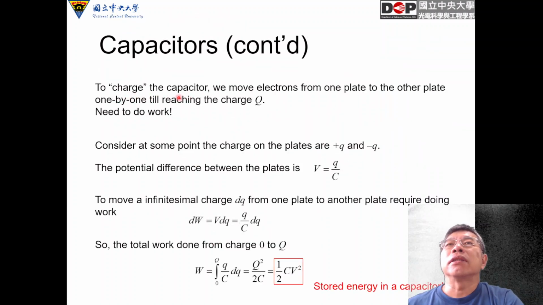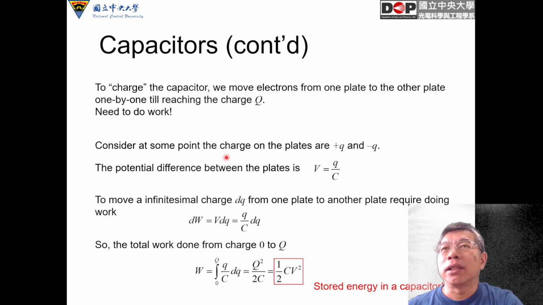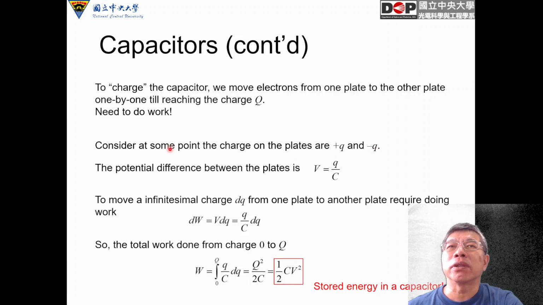To charge the capacitor, we move electrons from one plate to the other one by one until reaching the charge Q. That process requires us to do work on the charge, so we actually store energy in the capacitor. Consider at some point the charges on the plates are plus q and minus q, smaller q.